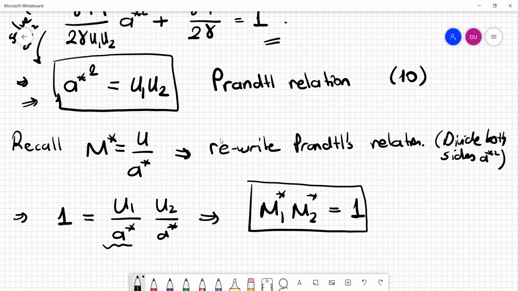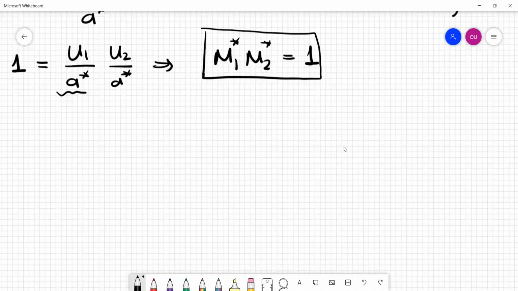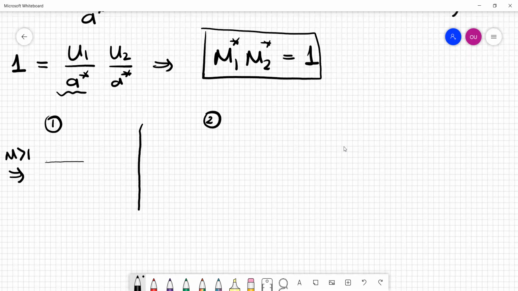So why is this so nice? Look, we are talking about the shock wave. We have before the shock wave, after the shock wave conditions, and some incoming supersonic flow towards this shock wave. We are talking about an adiabatic inviscid process. So in a one-dimensional flow, let's say there will be a streamline going like that from 1 to 2, right?